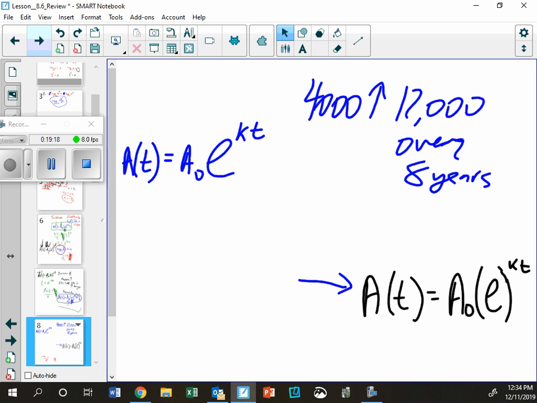Then I want to know, what's an equation that could predict how many moose there will be in even more years than 8, like 12 years from now or 16 years from now?